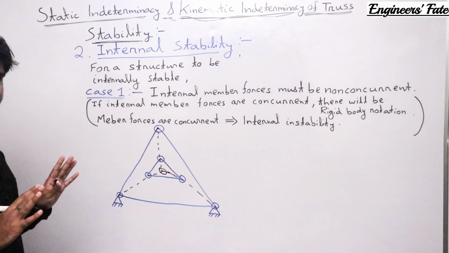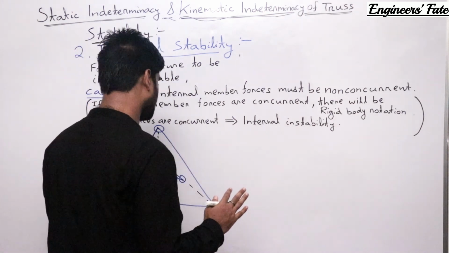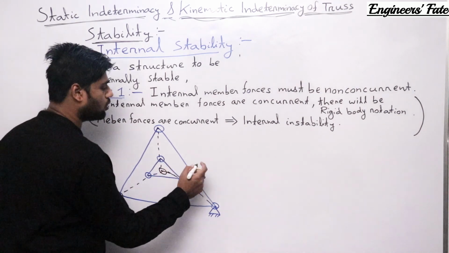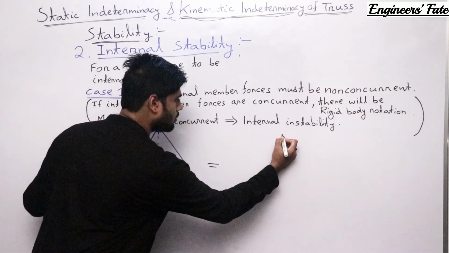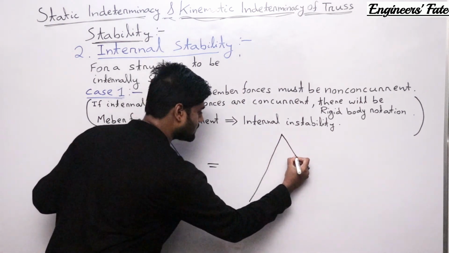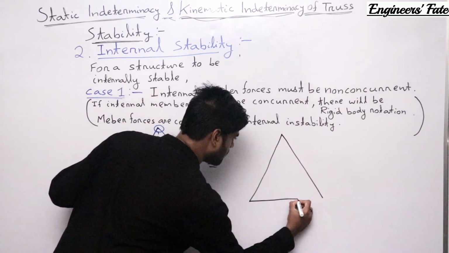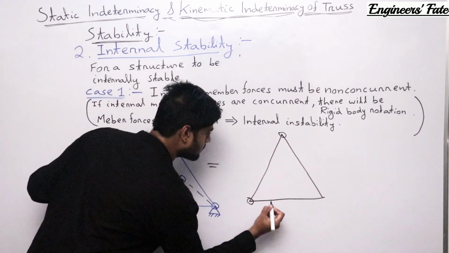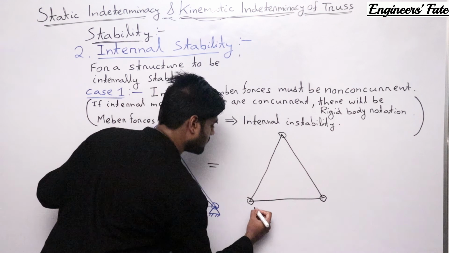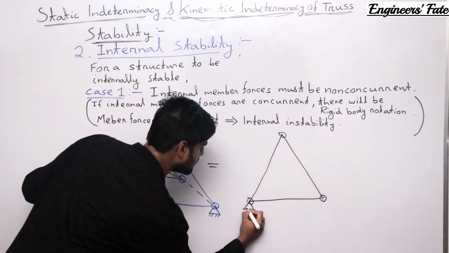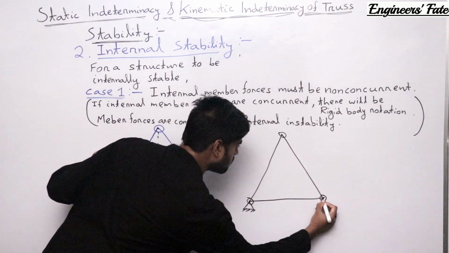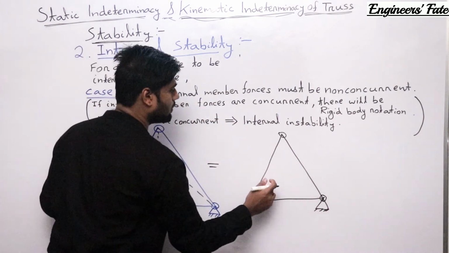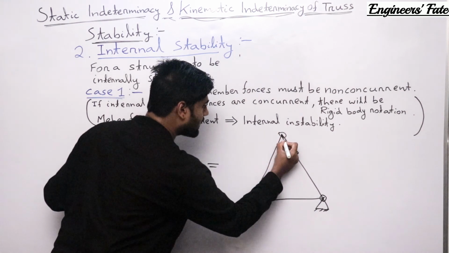That's why it's internally unstable. So to make this structure stable, what should we do? To make it internally stable, this is a hinge support, this is also a hinge support. So how can we do it?